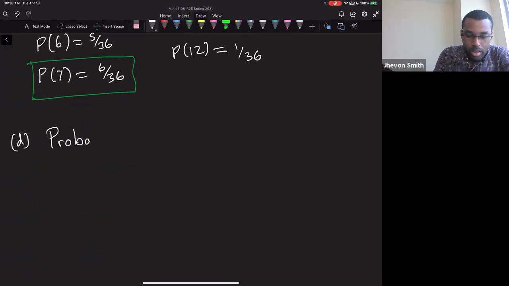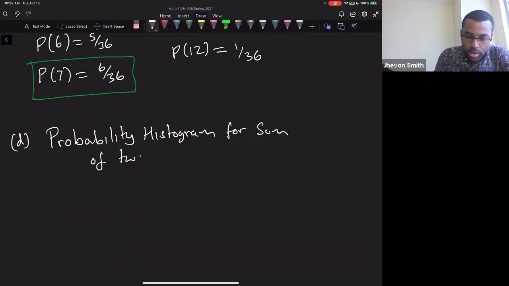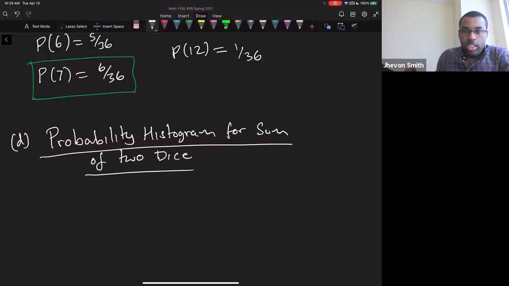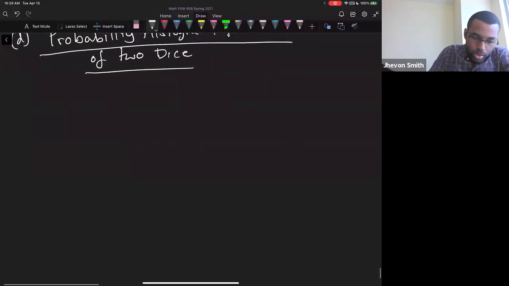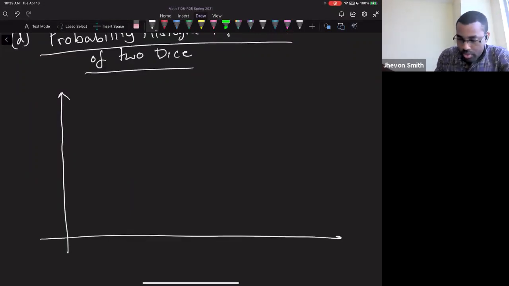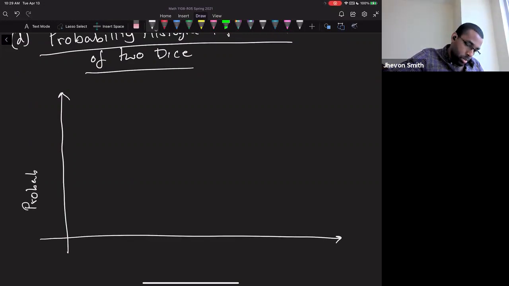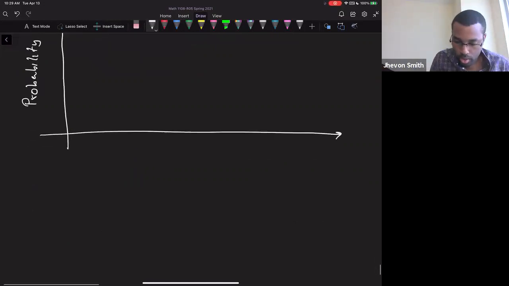The last one asks about a probability histogram for sum of 2 dice. This is just a histogram, which we're going to plot the probabilities that I found earlier. So probabilities go on the vertical, and the sum would go on the horizontal.